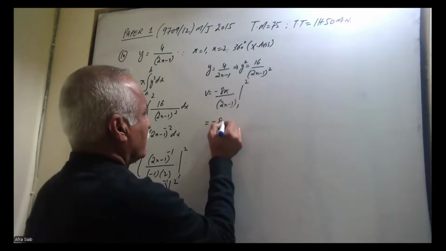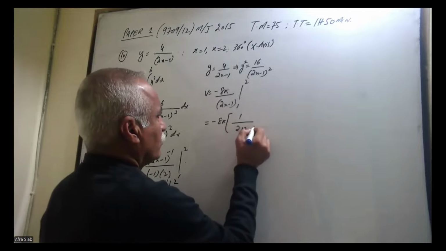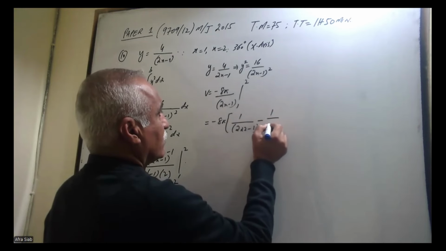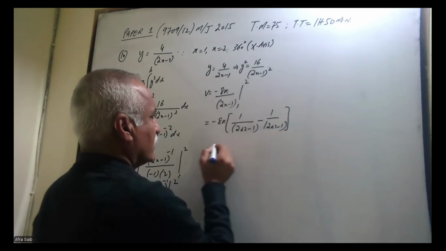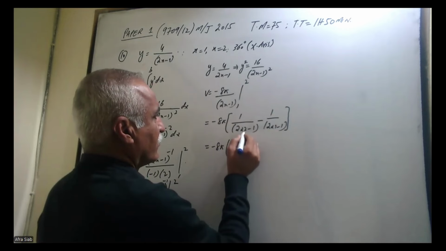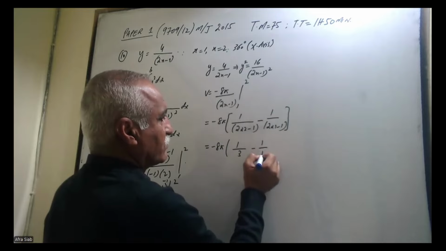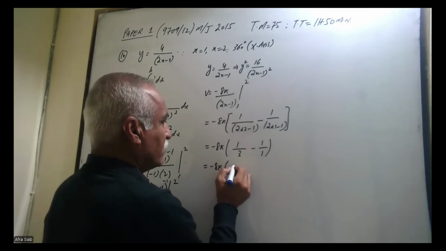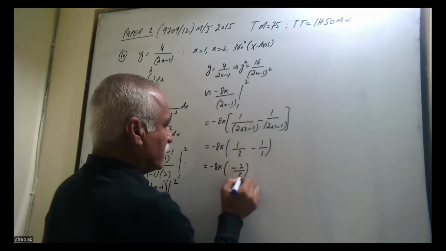So minus 8 pi times [1 over (2 into 2 minus 1) minus 1 over (2 into 1 minus 1)], which is minus 8 pi times [1 over 3 minus 1], and that is minus 8 pi times minus 2 over 3.